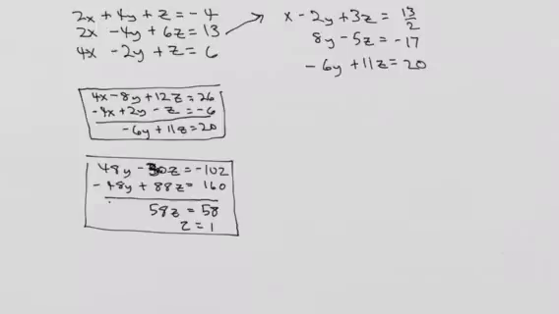Now I'm going to rewrite these three equations, including I'm going to replace my third equation with just z equals 1. So we get x minus 2y plus 3z equals 13 over 2. I'm going to divide the second equation, this one here, by 8 to get a y coefficient of 1.